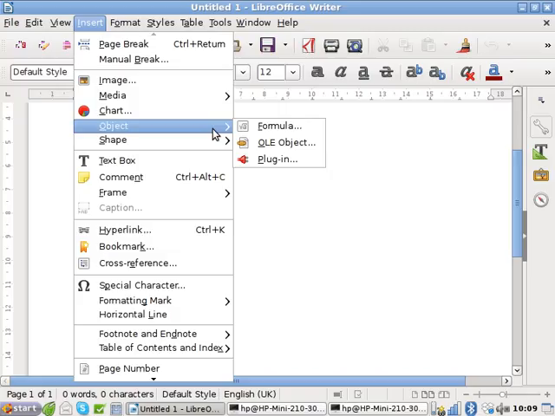You see Object there? And then you can see there's one called Formula. Okay, so we'll click Formula then.